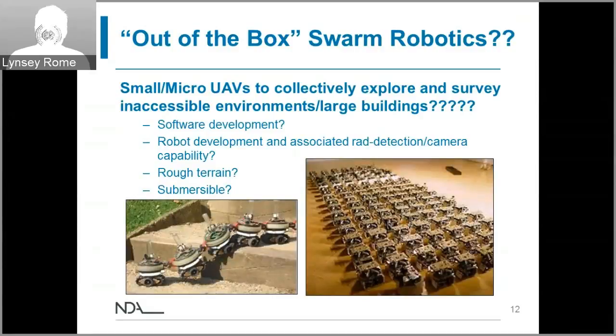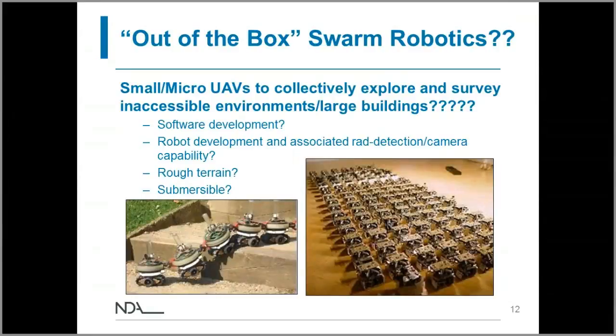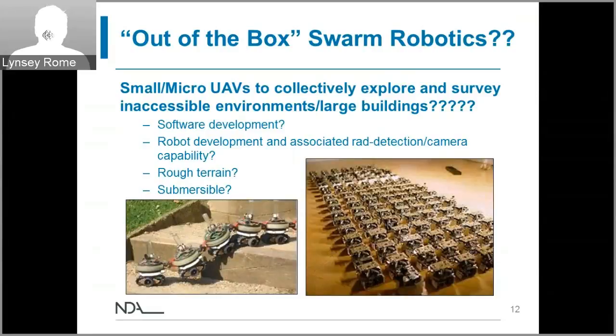Could this kind of technology be developed for the RAD environment? I'm thinking here perhaps inaccessible vaults. Sending these robots in, should there be an incident where it's too hazardous to send people in initially to perform the survey.